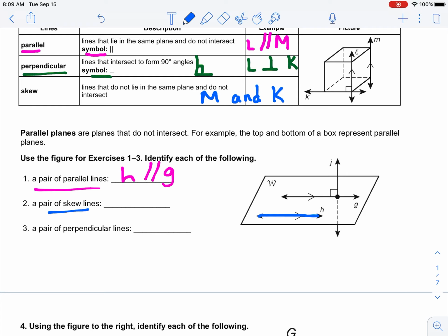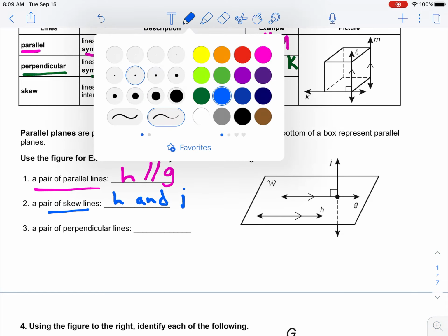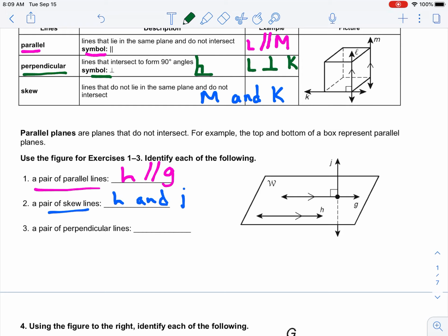H runs horizontal, J runs vertical over here, so H and J are skew. That brings us to our last one, perpendicular. Perpendicular lines cross to form a 90-degree angle. Line G and line J meet to form a little 90-degree angle in the corner, so G is perpendicular to J.